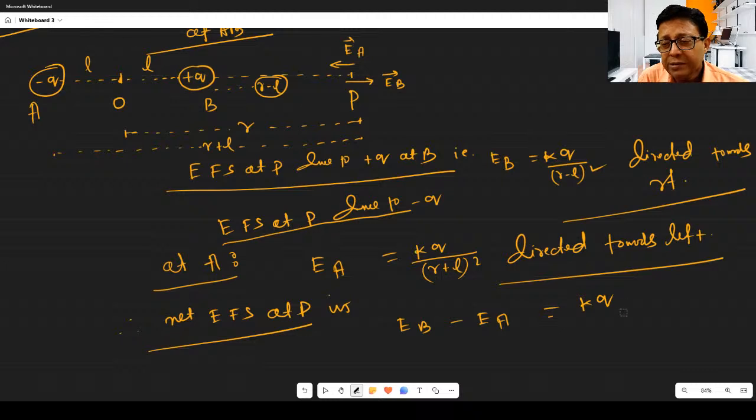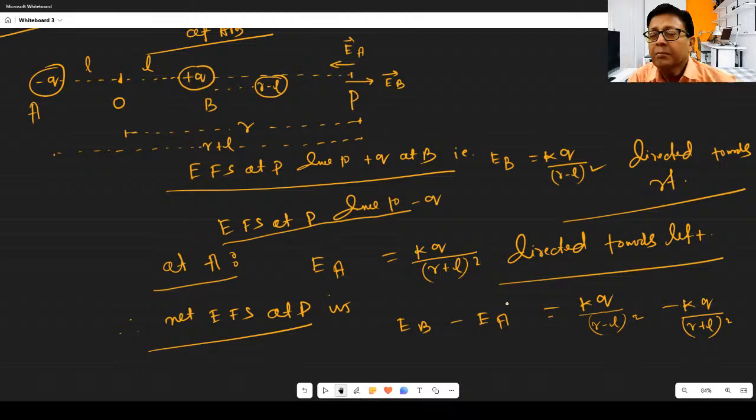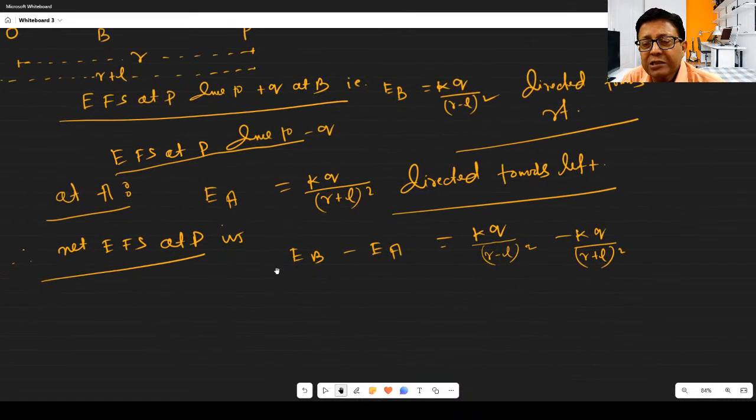That is KQ by R minus L whole square minus KQ by R plus L whole square.